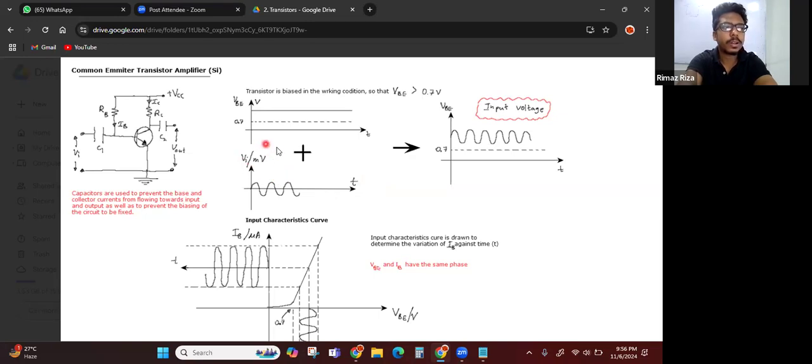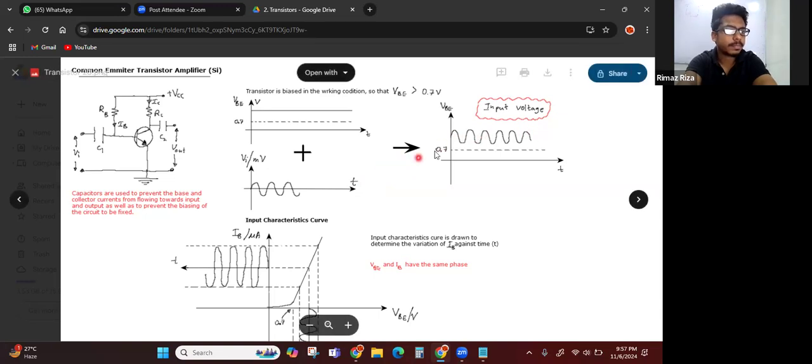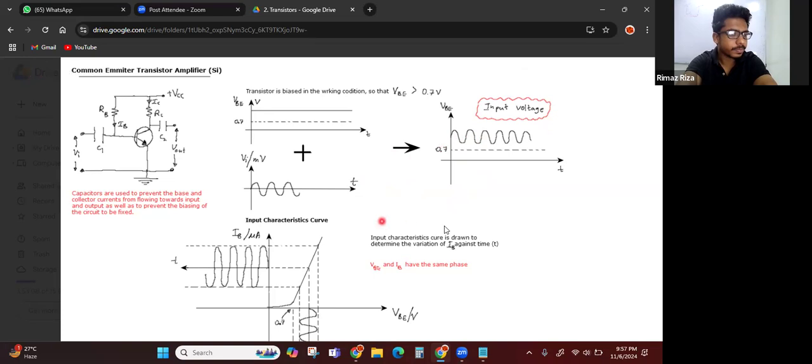So this input voltage is very small. It's like millivolts, right? So here you can see if it's 1 volt, this is oscillating like 1.2, 0.8, 1.2, 0.8, something like that. And it's sinusoidal.